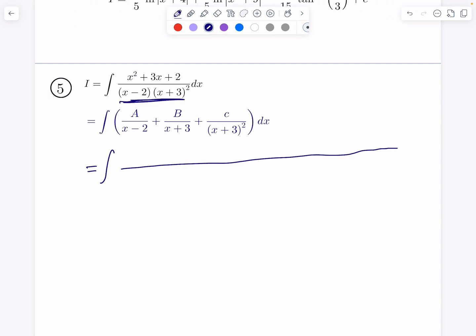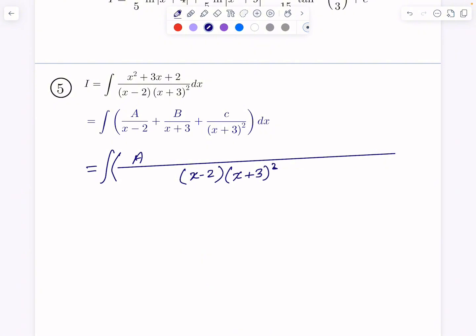We're gonna have integral of the denominator, which is x minus 2 times x plus 3 whole squared.